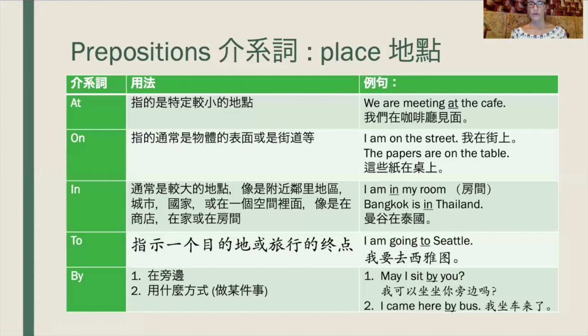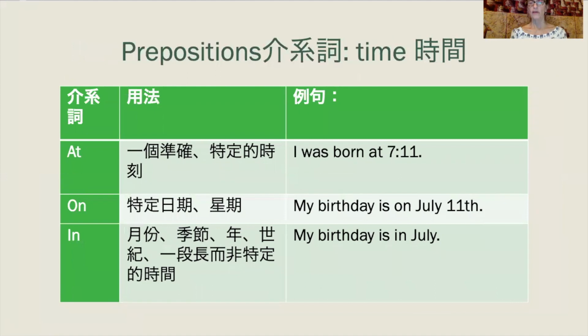So go ahead. Then we have the prepositions of time. So this is 时间的介系词. At indicates an exact or specific moment.